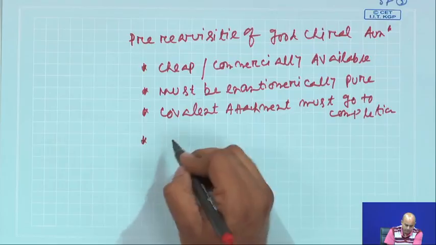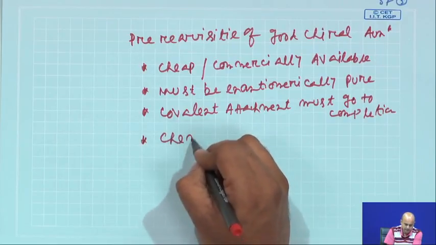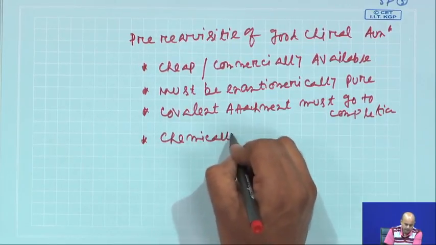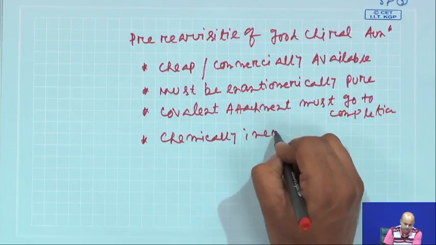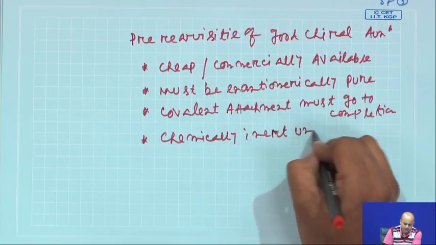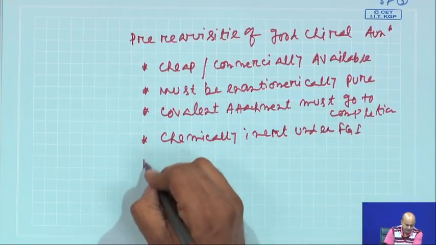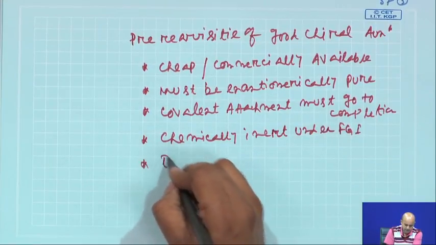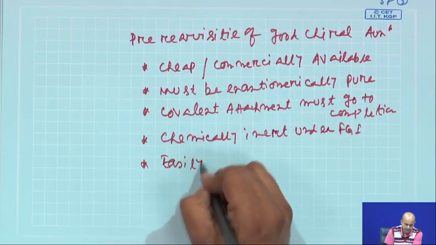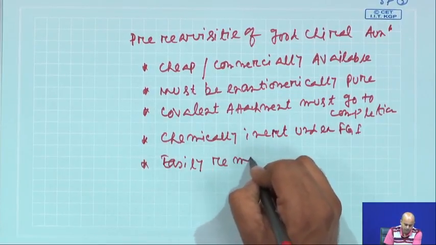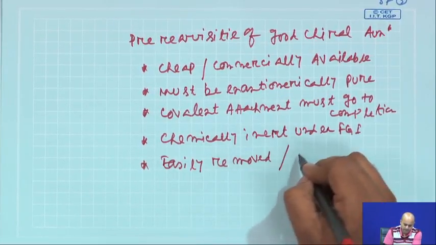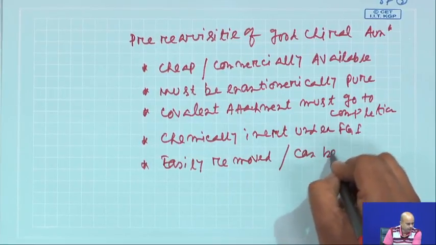And finally, the auxiliary must be chemically inert under the reaction conditions, under FGI, and then the auxiliary can be easily removed, and if necessary can be reused.